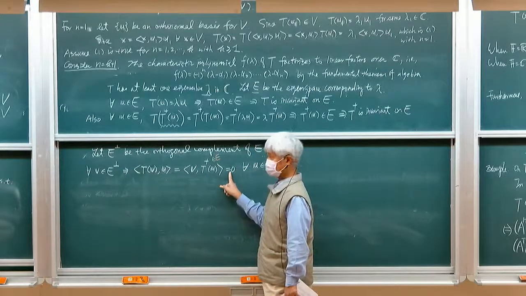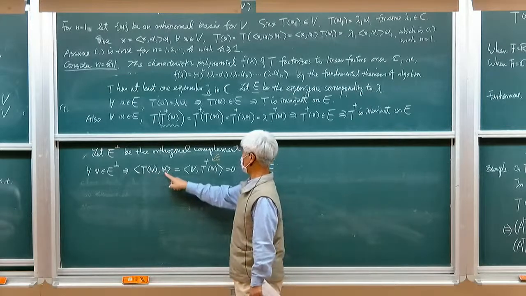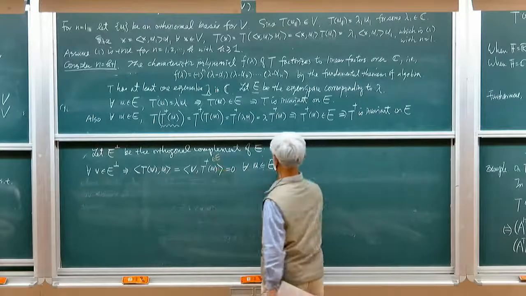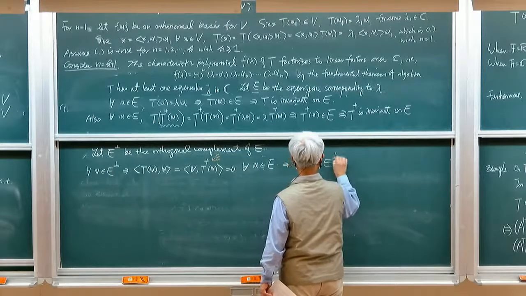So this is 0. Because this is true for all u, this implies that Tv is in E perp.